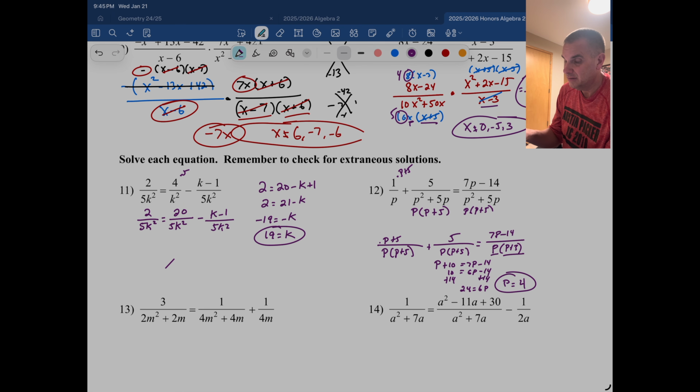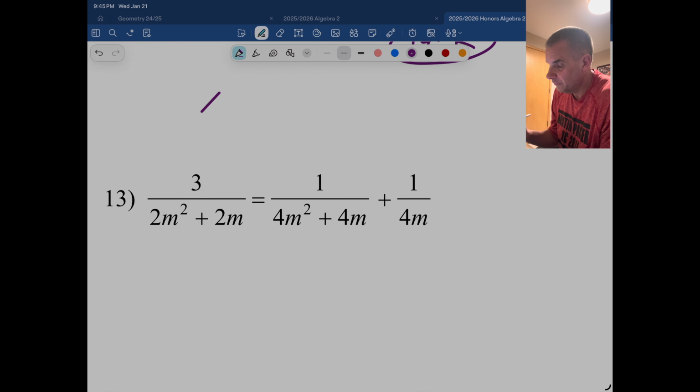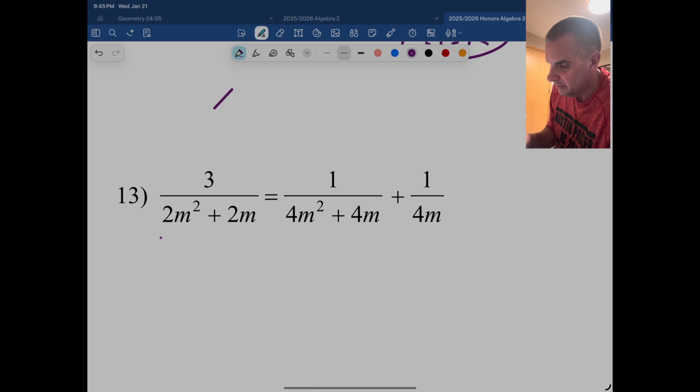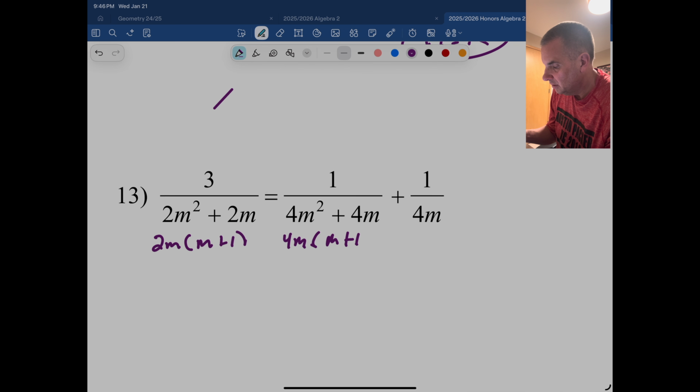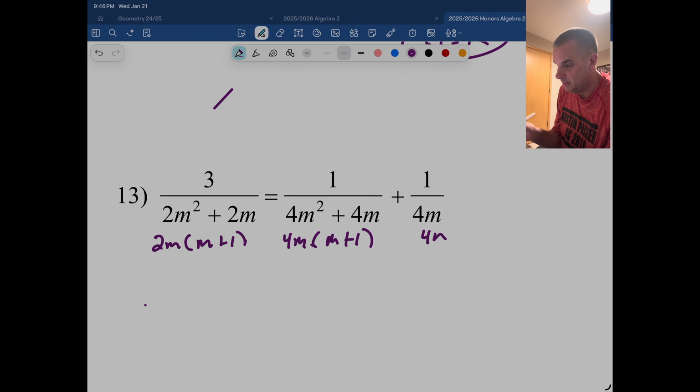All right, number 13. Factor. It's 2m times m plus 1. That's 4m times m plus 1. That's just 4m. So common denominator number-wise is 4m and m plus 1.